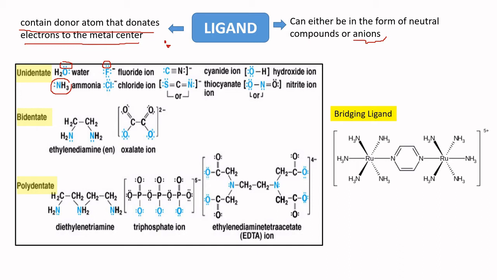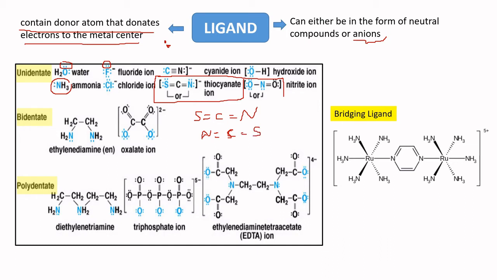Okay, here I would like you to focus on these two ligands, SCN and CS. This ligand is what we call an ambidentate ligand.